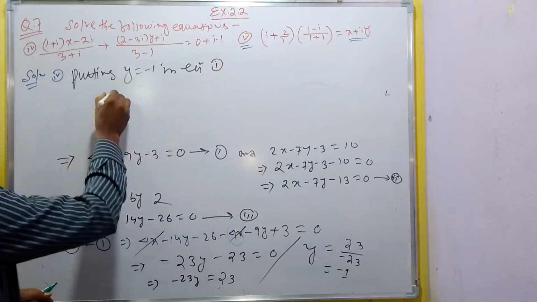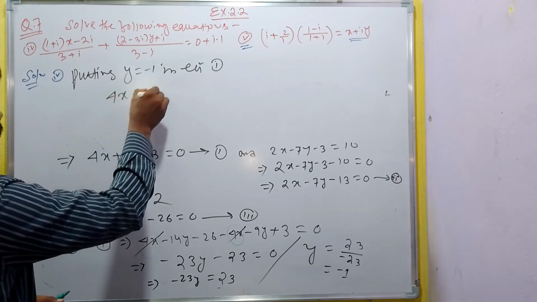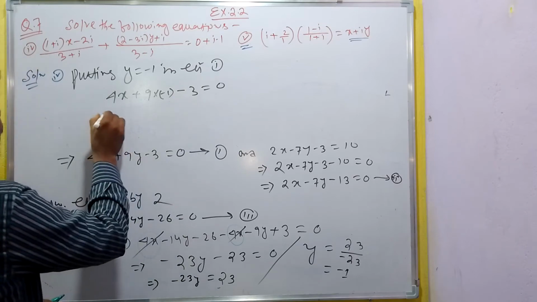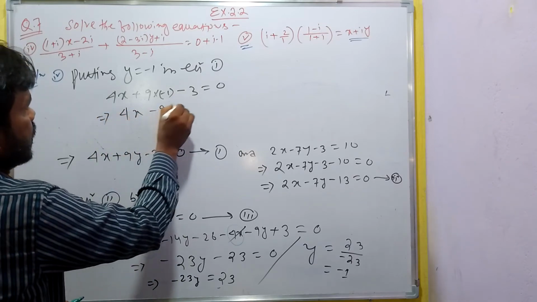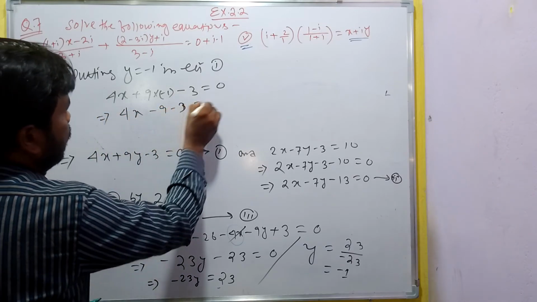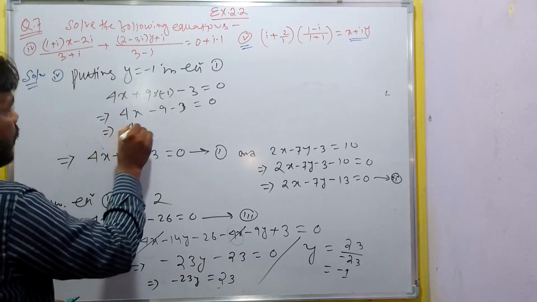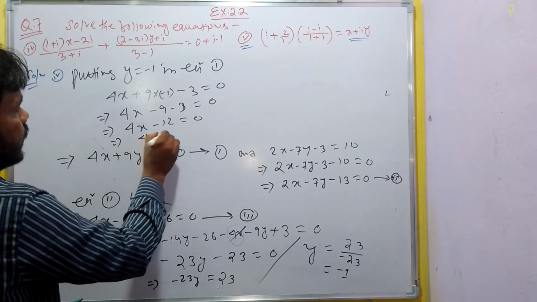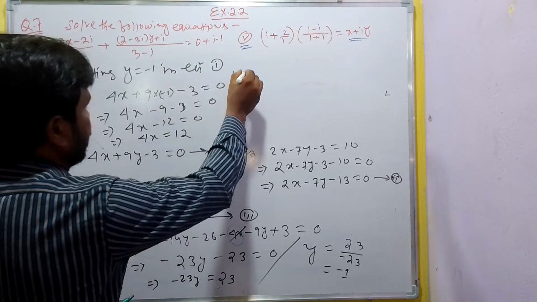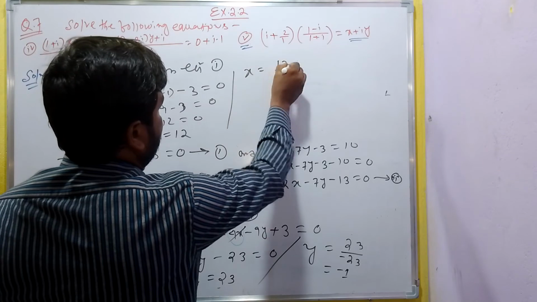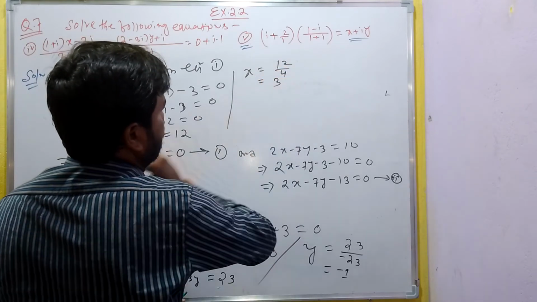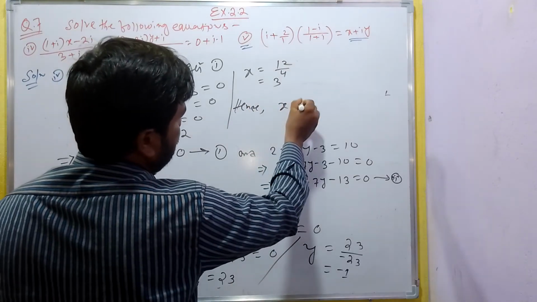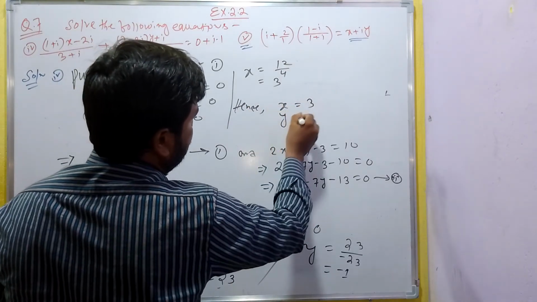So 4x + 9 into -1 - 3 = 0. So 4x - 9 - 3 = 0. So 4x - 12 = 0. Then 4x = 12. So x = 12/4. Then 3 becomes. Hence x = 3 and y = -1.